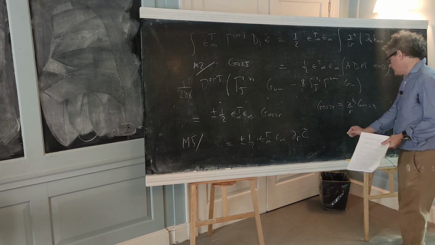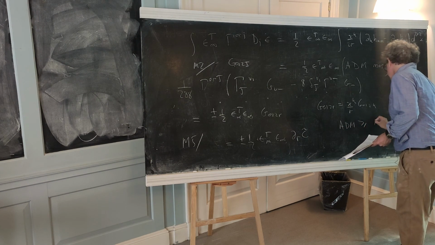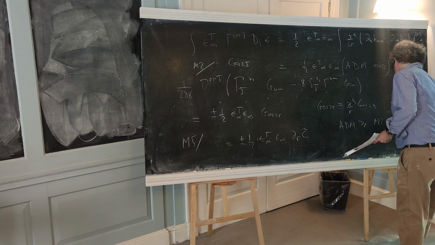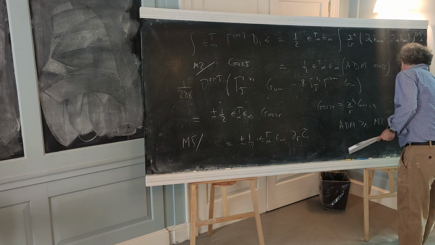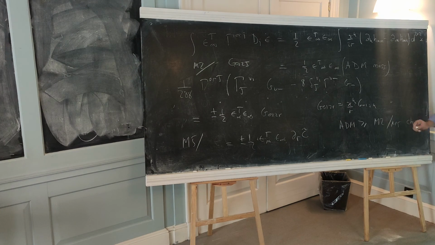And so the bound is that the ADM mass is greater than charges. Now, of course, you can't really do both at the same time, because one's got an 8-dimensional space and one's a 5-dimensional space. So it's one or the other, at least in the simplest cases.